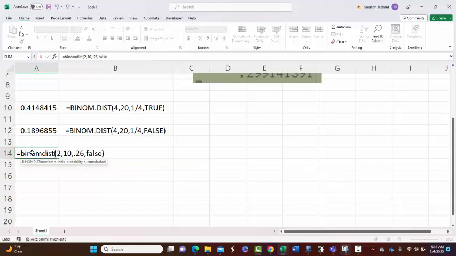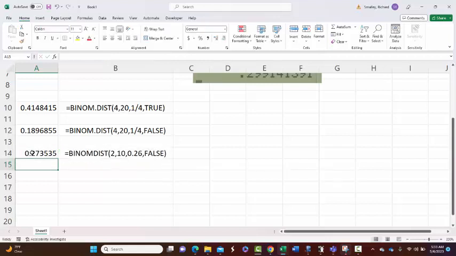It's not cumulative. We only want that one value. There it is, 274. So that was correct there too.